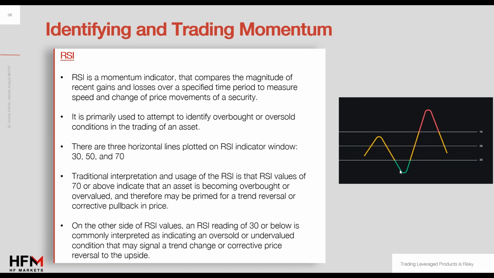Is it pointing to the upside? Is it pointing to the downside? And also how sharp the slope is. Is it sharp enough? Is it very neutral? It might be flattened. So also the angle, how steep the slope is, matters.